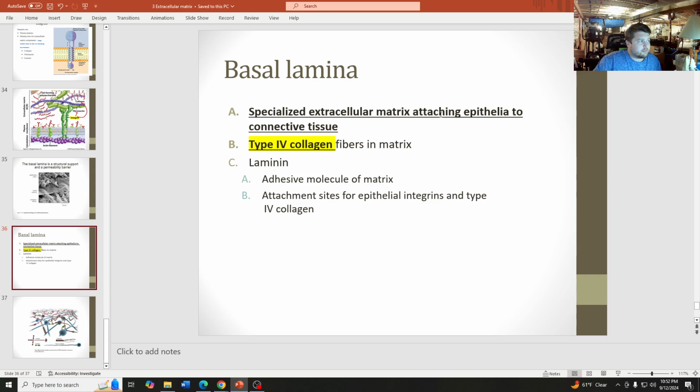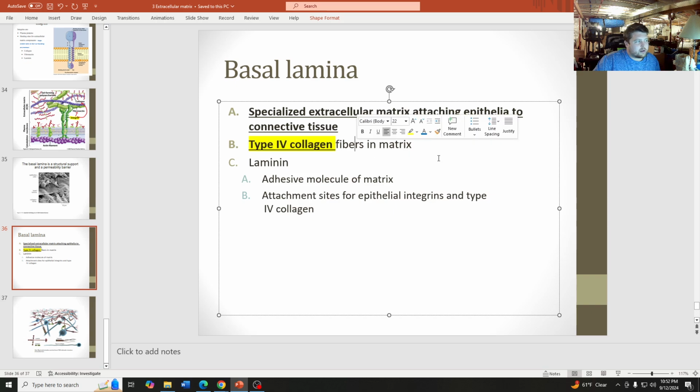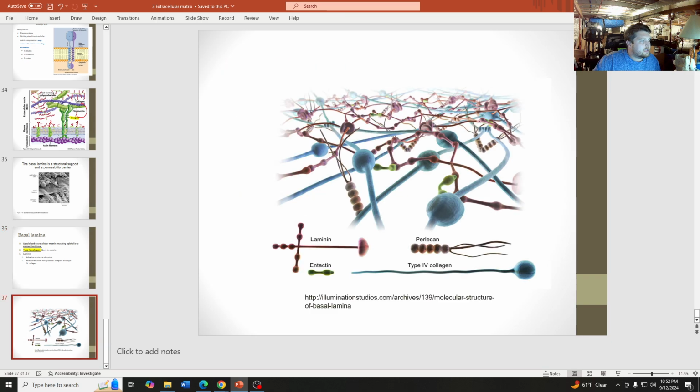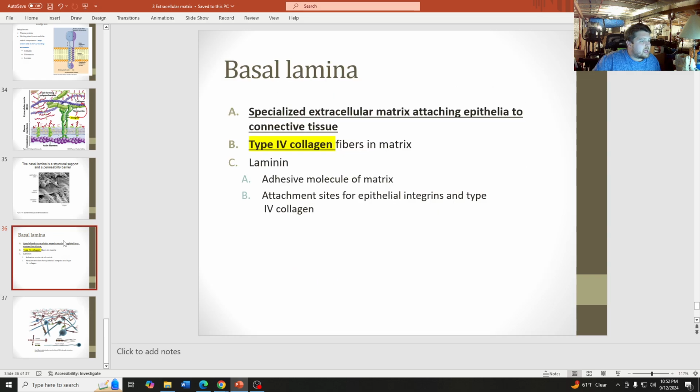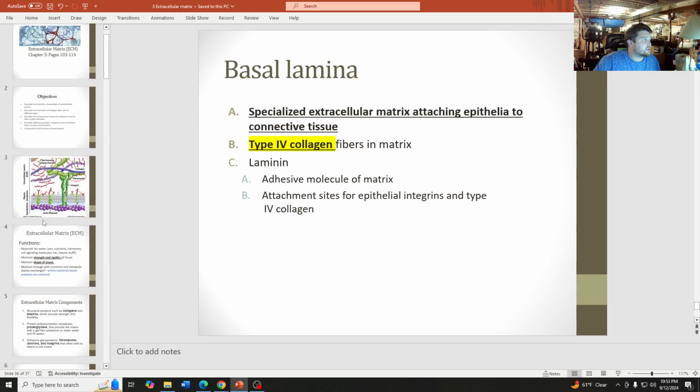Specialized extracellular matrix attaching epithelial cells to connective tissues, a bunch of type 4 collagen fibers in the matrix, and it has laminin. And there's just another picture of some of those type 4 collagen fibers, laminin, and some other proteins. And that is the extracellular matrix.